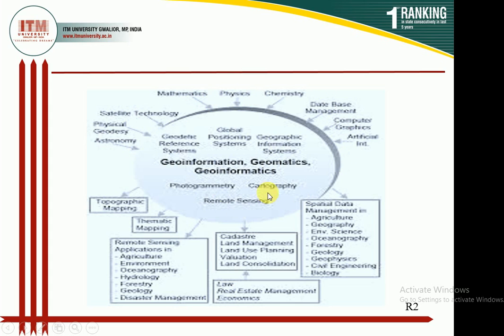Some technologies used for geoinformatics are the global positioning system, geographic information system, photogrammetry, and cartography. These technologies are used in various fields like agriculture, geography, environmental science, oceanography, forestry and so on. So the main thing of our concern is agriculture.